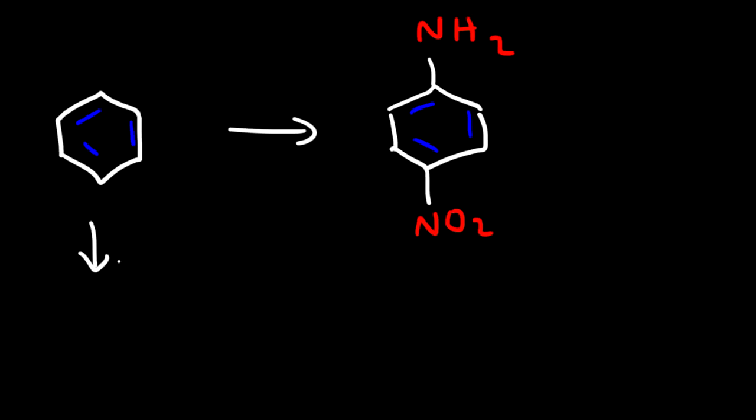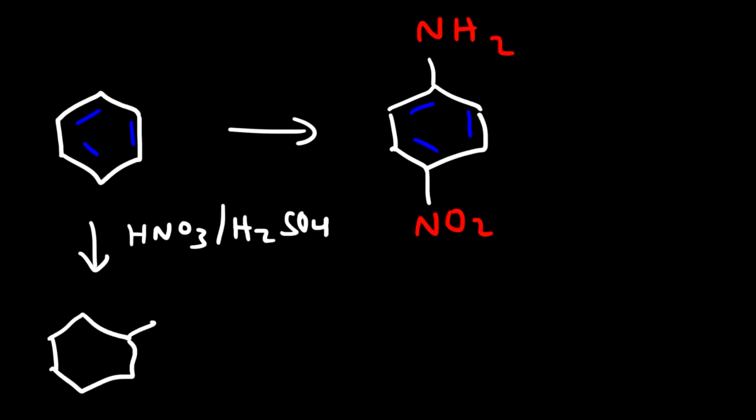So this implies that we need to nitrate the ring first in order to even get to the NH2. I'm going to put it here. So this is the NO2 group. Now once we have nitrobenzene, the next step is to reduce it with a metal and an acid.